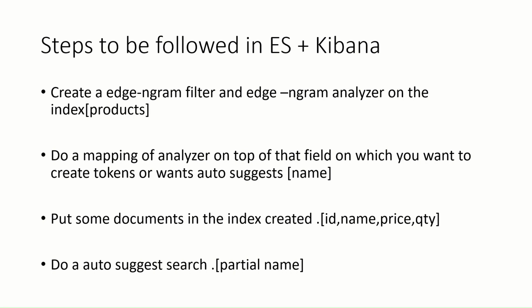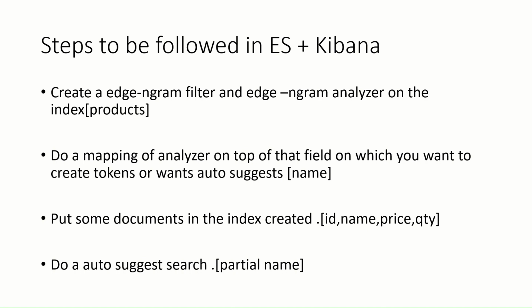I already have covered that in that video, so make sure you watch that video first and get some idea about edge n-gram. In this video we are going to apply the edge n-gram logic to write the auto suggest API. Anyway, I'm going to discuss edge n-gram here as well.